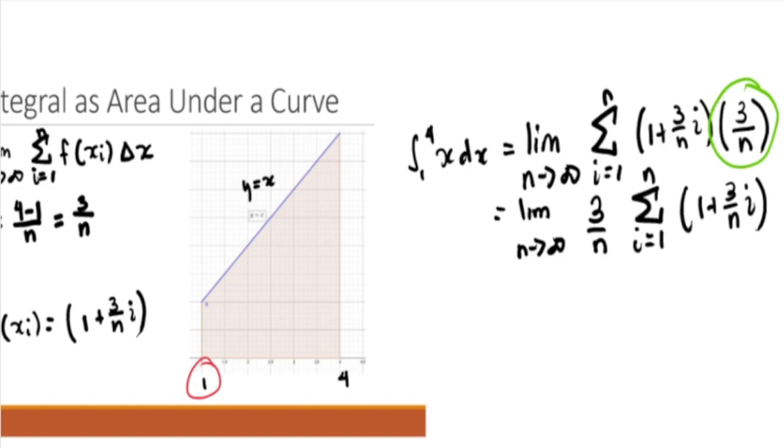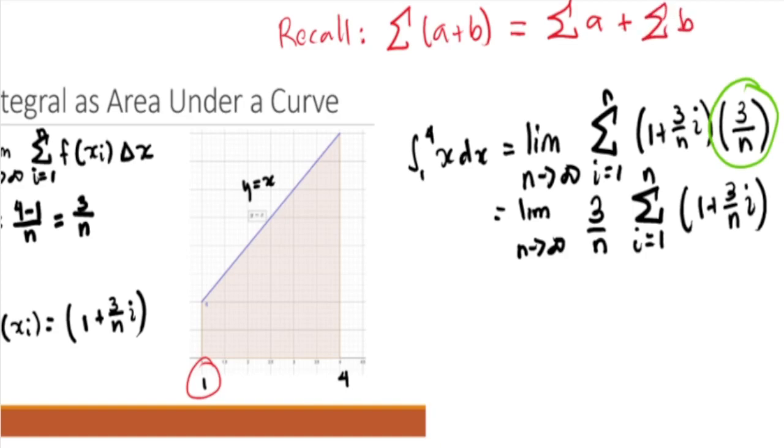Now, if you would recall that if we have the summation of a plus b, we can actually make this as the summation of a plus the summation of b. Or in short, the summation operation is a linear operator. So we can separate these two.